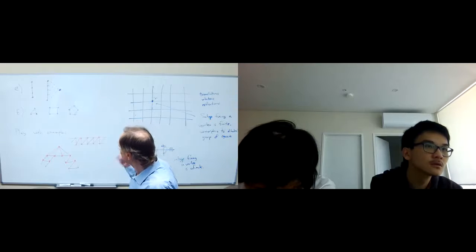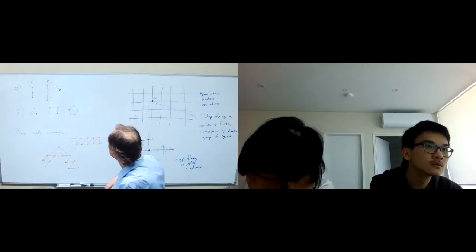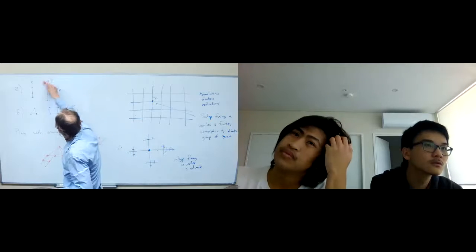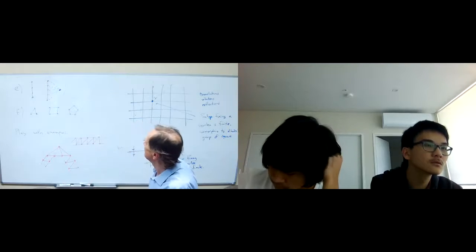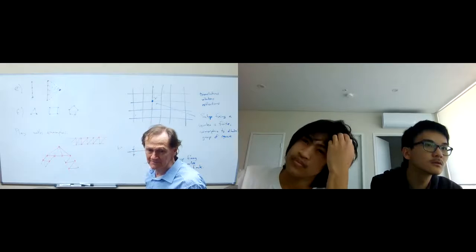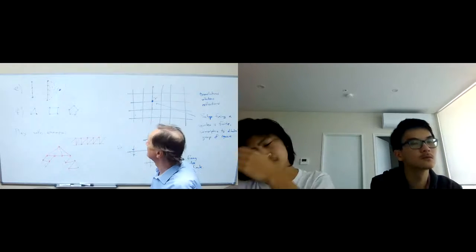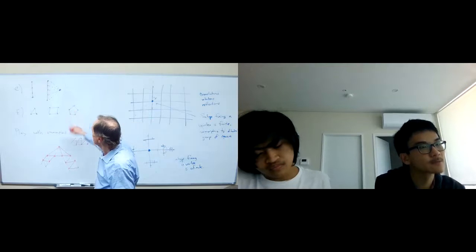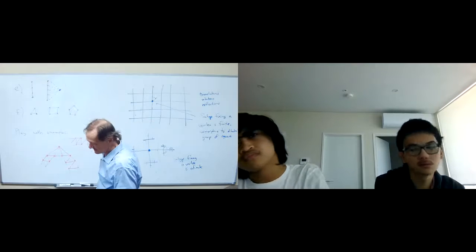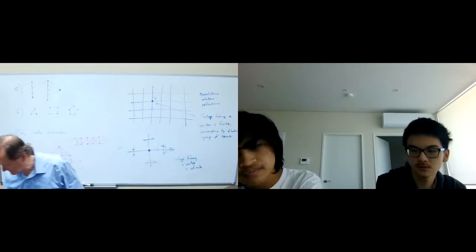Anyway, perhaps you could think some more about 5. I don't remember what the answer is there. So maybe you can. And what about F? Did you put some answers there?